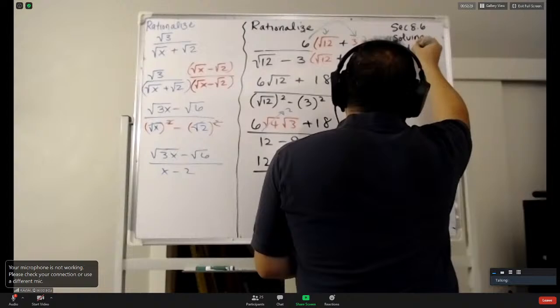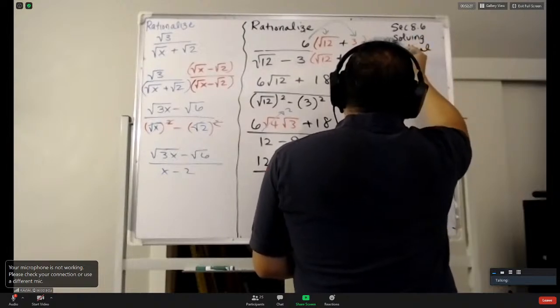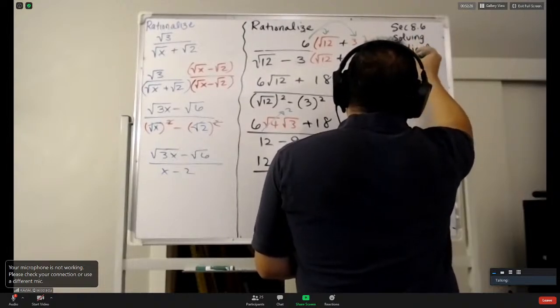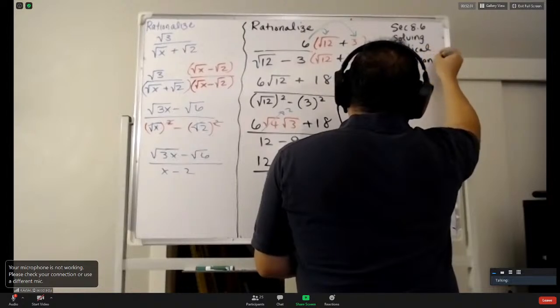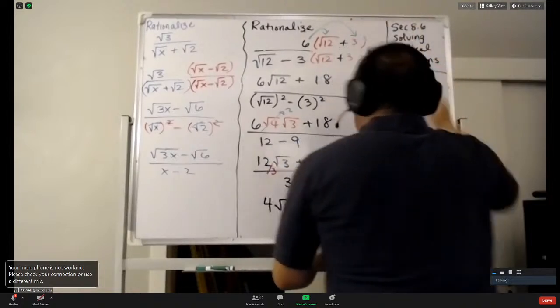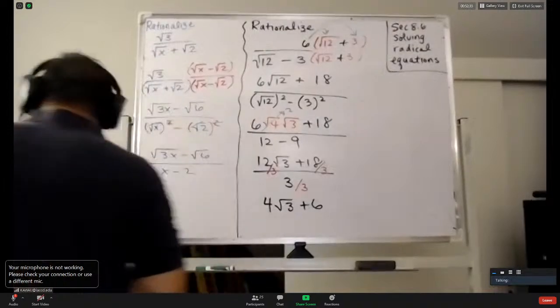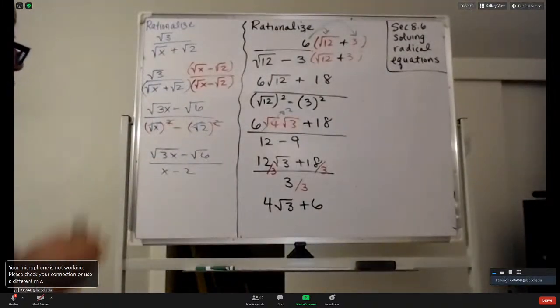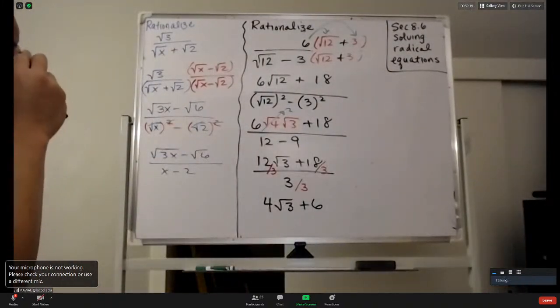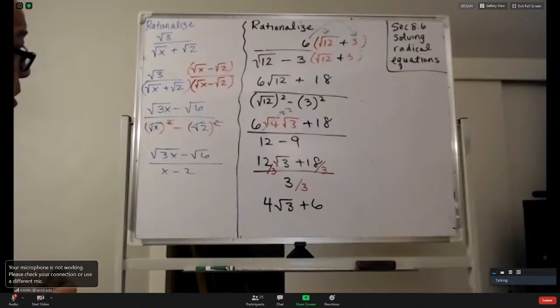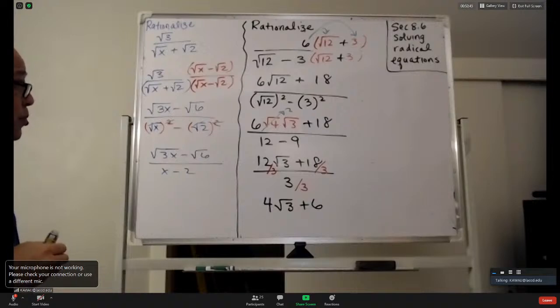Solving radical equations. So after class, I will put up what to study. I'll try to have the practice midterm done either late tonight or by tomorrow afternoon.